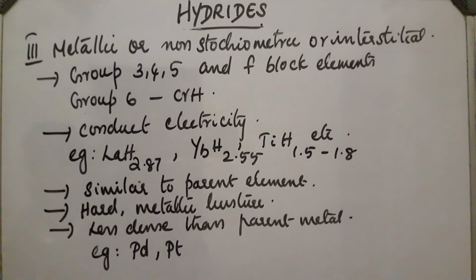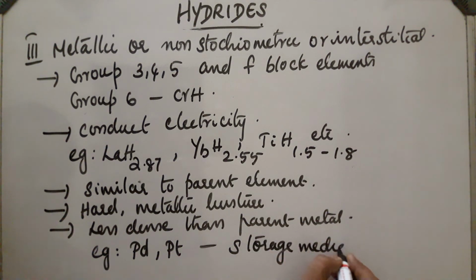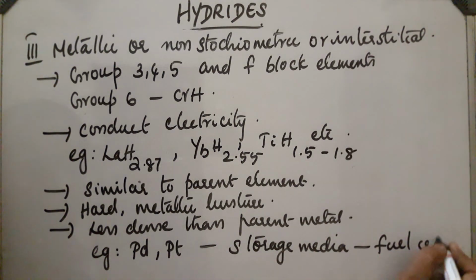Platinum and palladium can absorb a large amount of hydrogen. So they are used as storage media, or they are used in cars for fuel cells. In fuel cells these are used. Okay, these are examples for metallic or non-stoichiometric or interstitial hydrides.